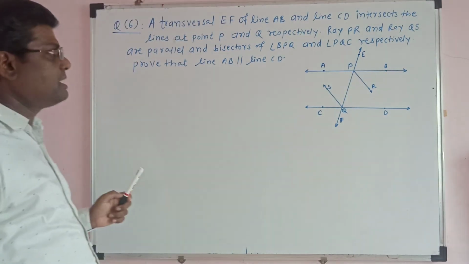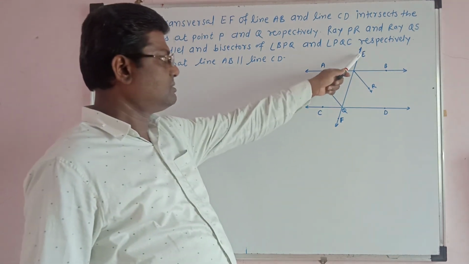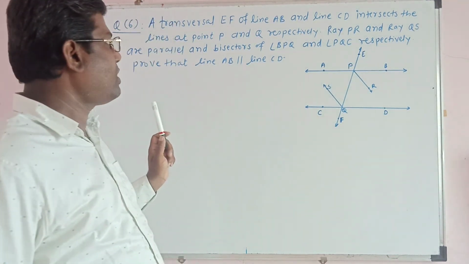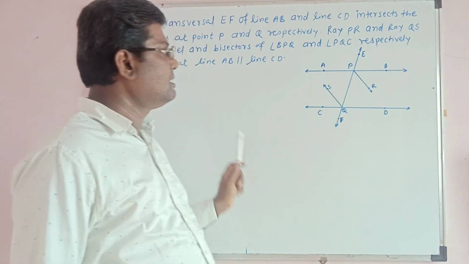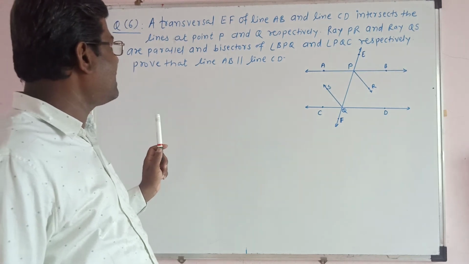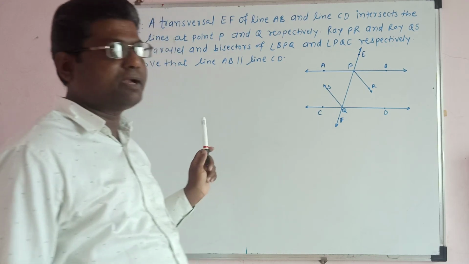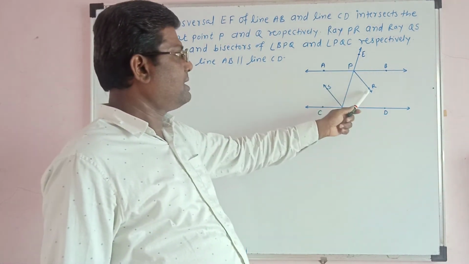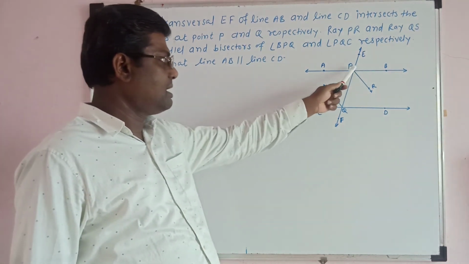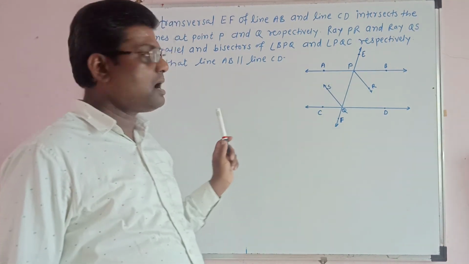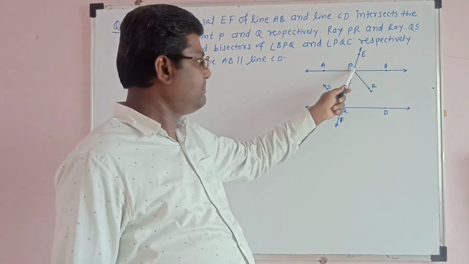Now question number 6. A transversal EF of line AB and CD intersect the lines at point P and Q respectively. Ray PR and ray QS are parallel and bisectors of angle BPQ.